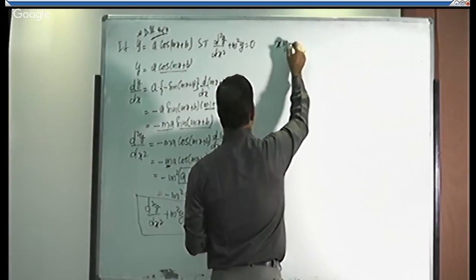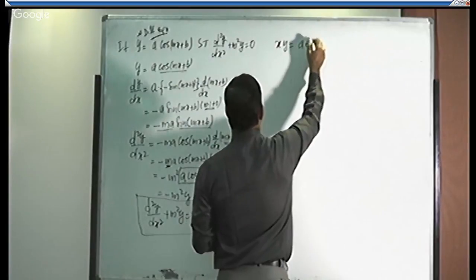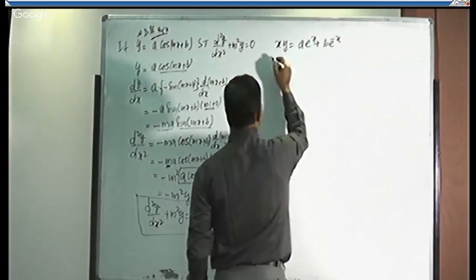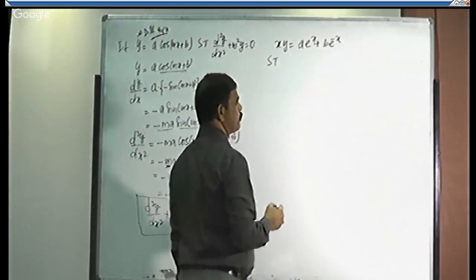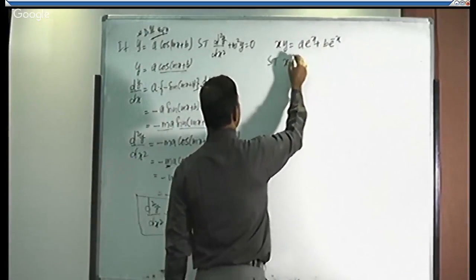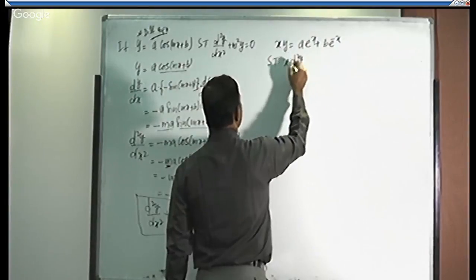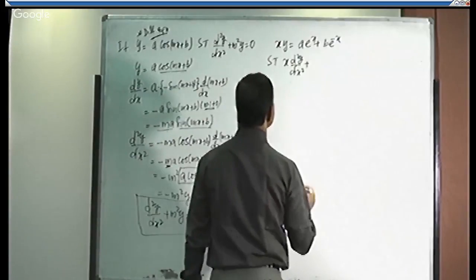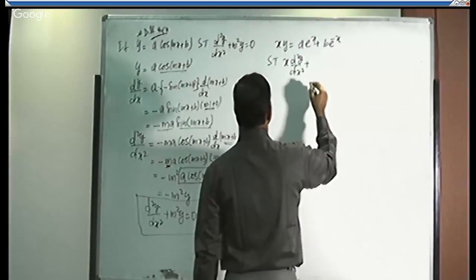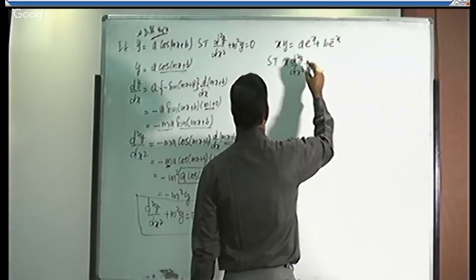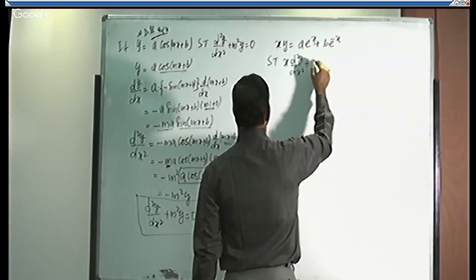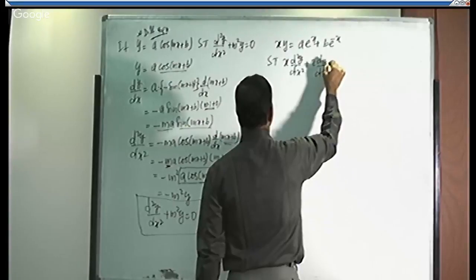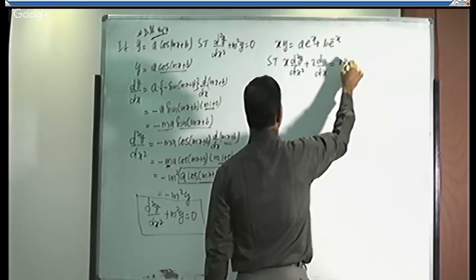xy is equal to a e power x plus b e power minus x. Show that x into d square y by dx square plus 2 dy by dx is equal to xy.